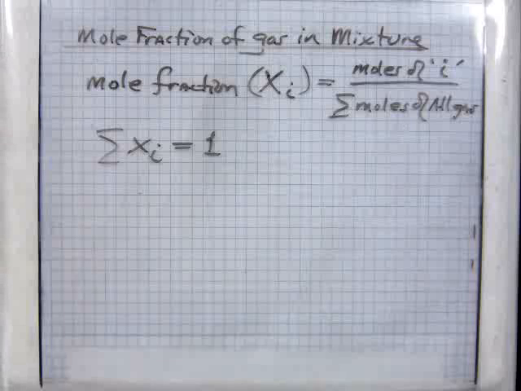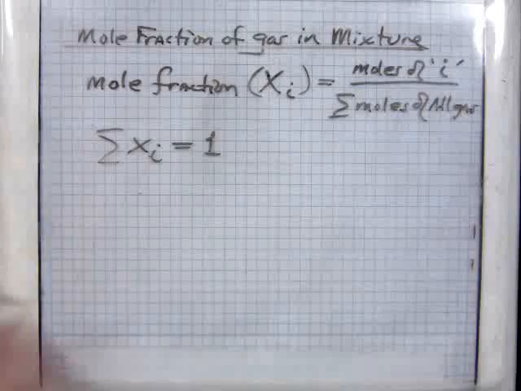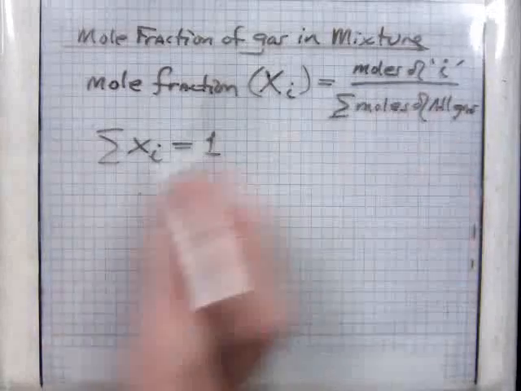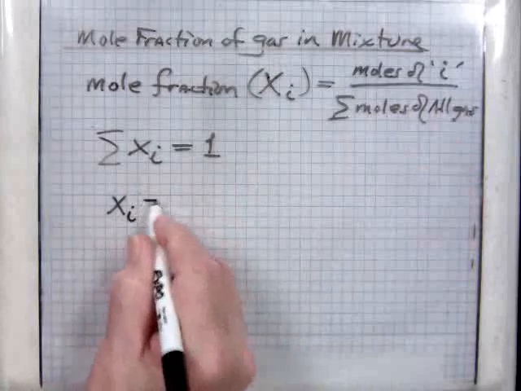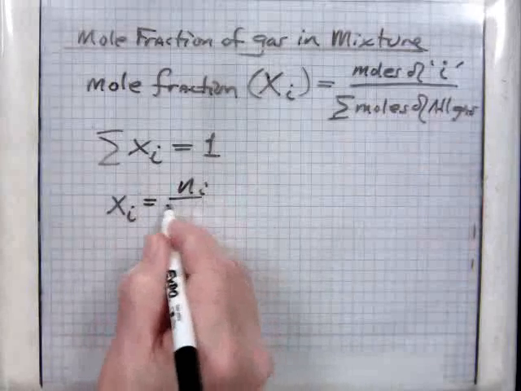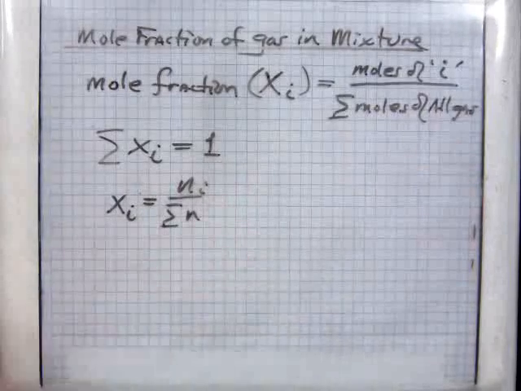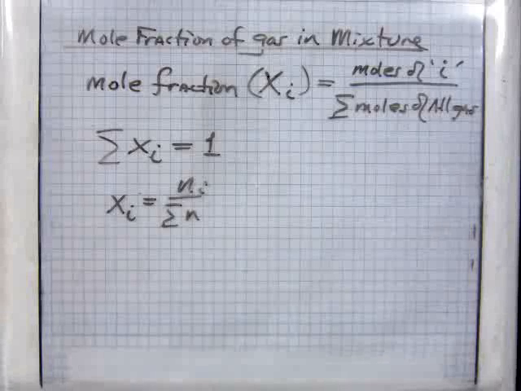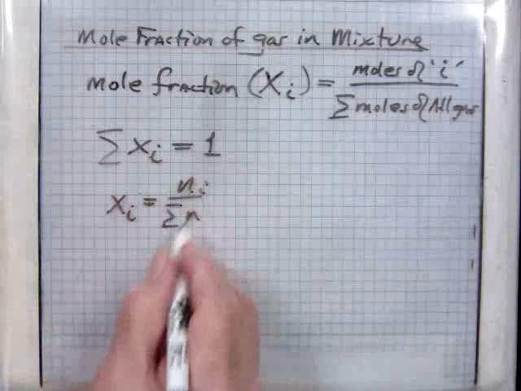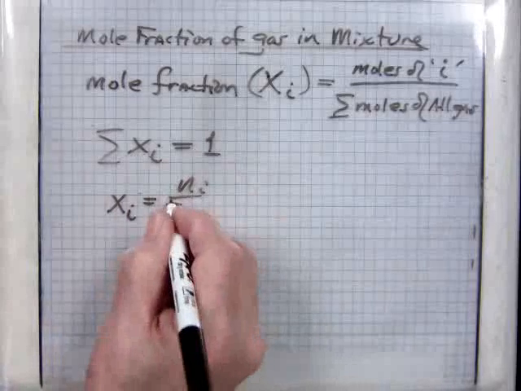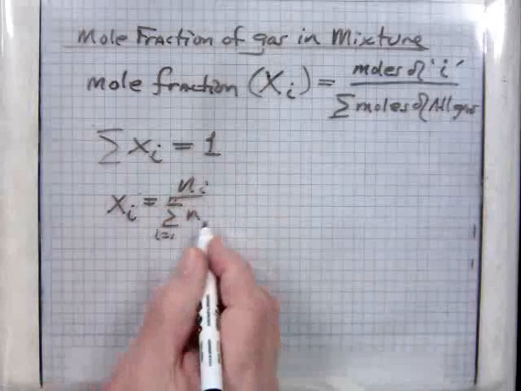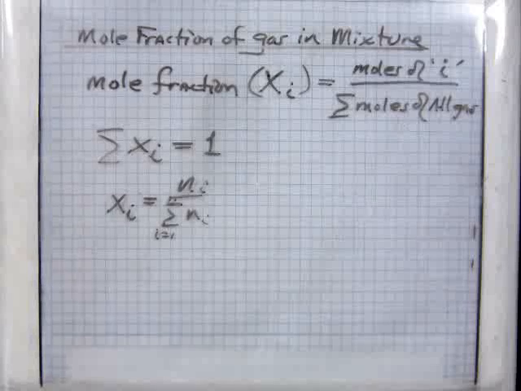And mole fractions being decimals always add up to 1. So, in the condensed format, n_i over the sum of n, from i equal 1 to n, the sum of all the individual moles, is really what the textbooks would show you.